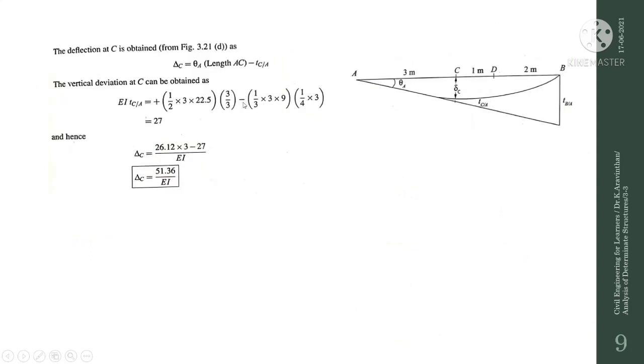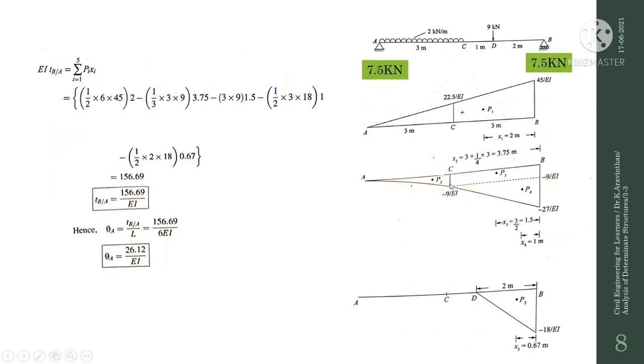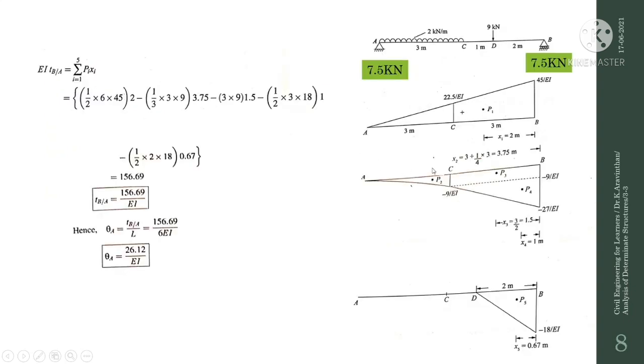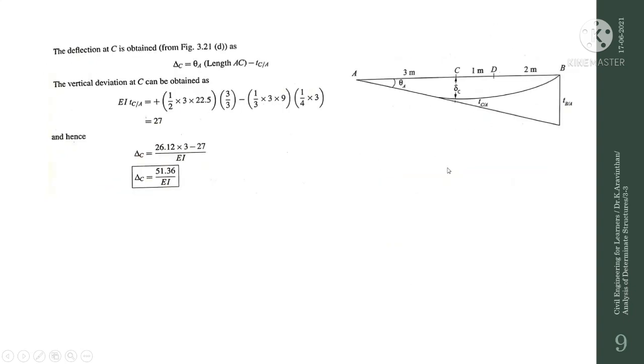Then you have to subtract the area of 1/3 of base into height. So 1/3 of 3 into 9, written here, into the centroid, which will be 1/4 of base, so 1/4 of 3. If you simplify, you will get 27.